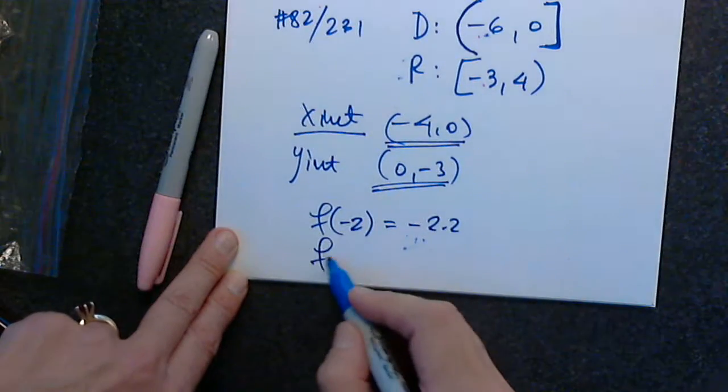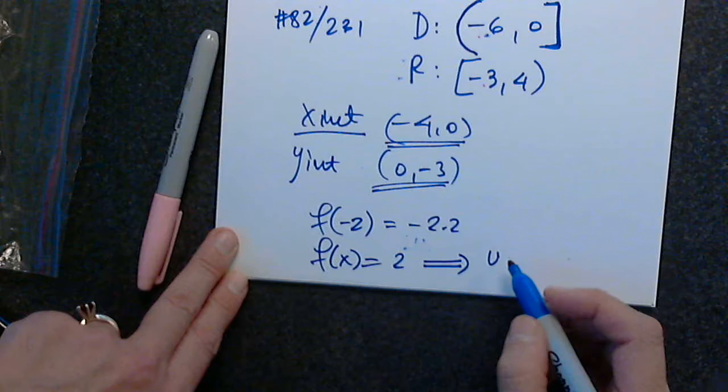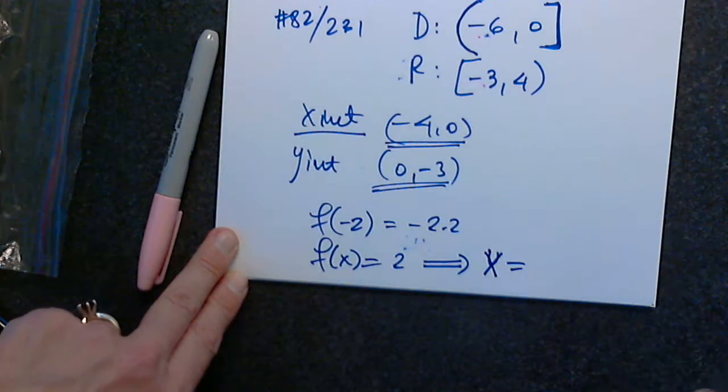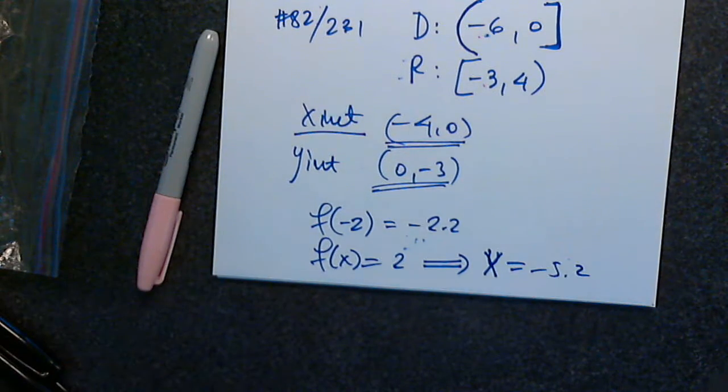And then we said when f of x is 2, how much is y? How much is x? And we determined it was -5.2. Correct. Very good. Any questions on this? Any questions?